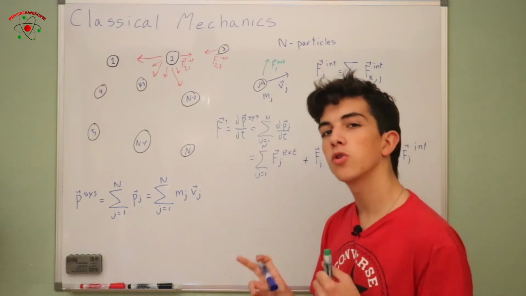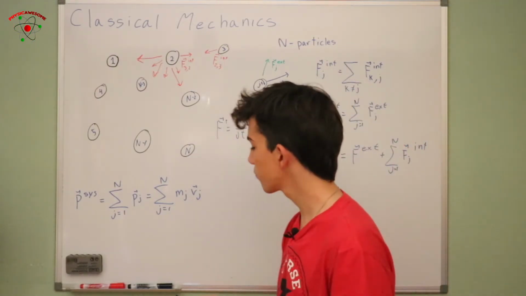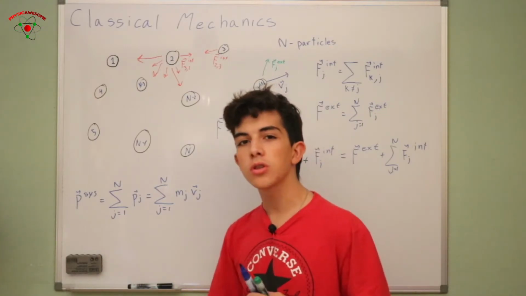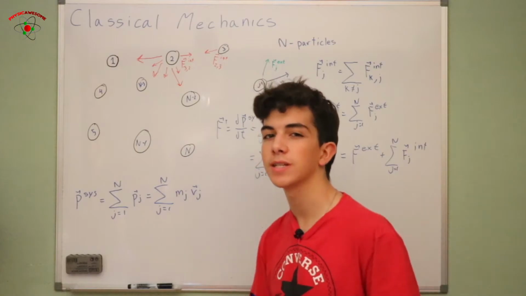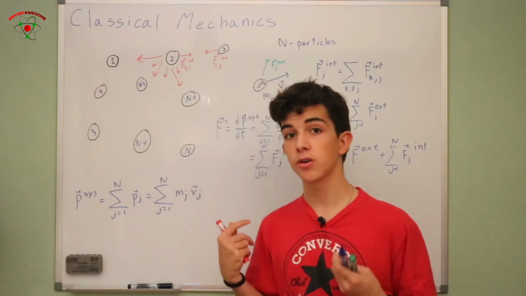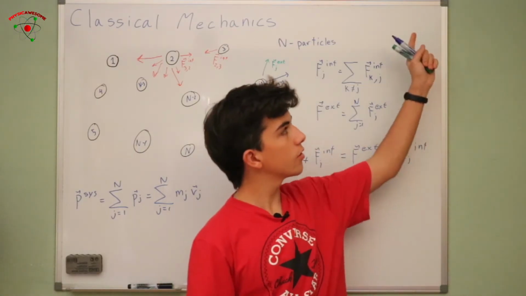But first, note one thing. Newton's third law is really a statement about conservation of momentum, and we talked about that in our video on Newton's laws that I pinned.